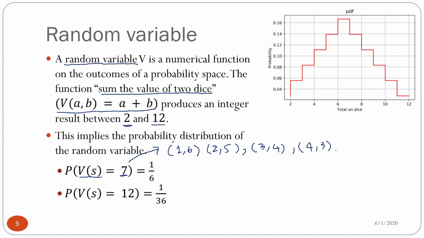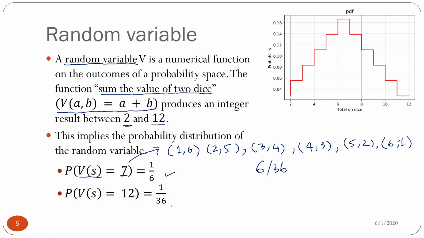All these add up to 7. Then you should have 5 and 2, 6 and 1. These are 1, 2, 3, 4, 5 and 6. So 6 divided by 36, which is 1 by 6.